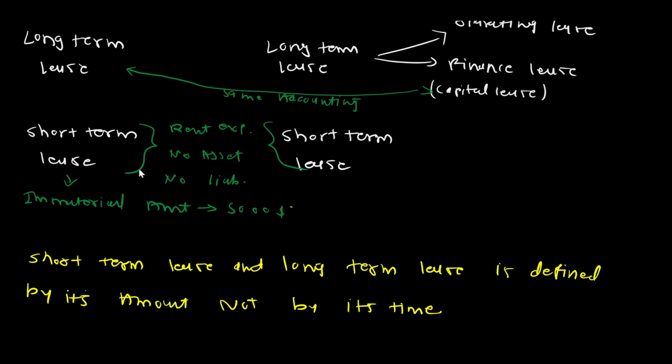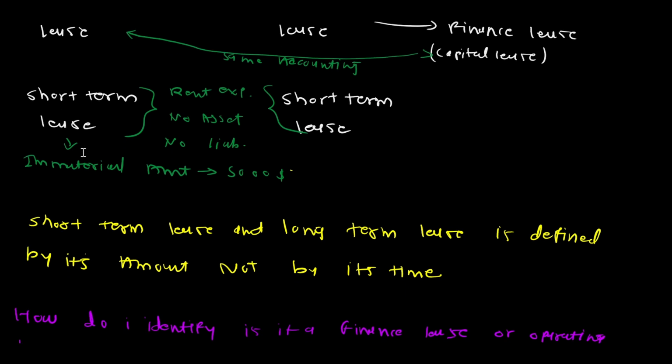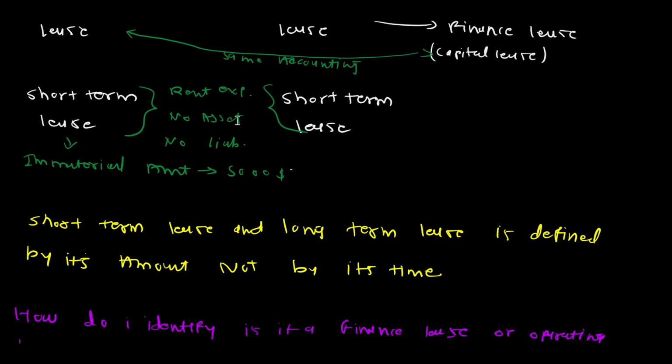Short-term lease and long-term lease are defined by amount, not by time, and the amount is around $5,000, immaterial. If the lease amount is immaterial, you would consider that lease a short-term lease. You don't need to create any asset or liability for that lease.